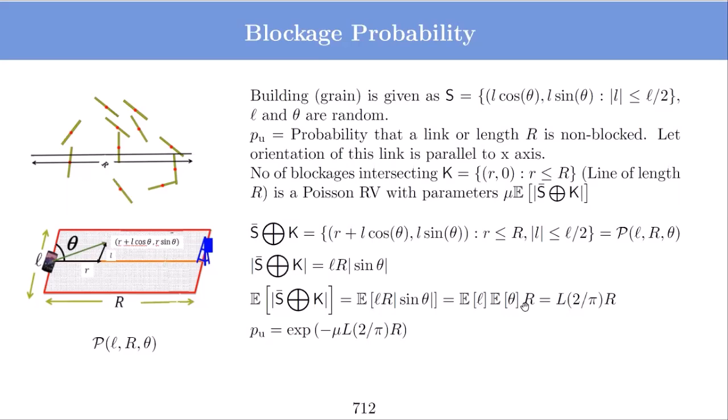So E of L will be L and E of mod sin theta will be 2 by pi. This will be the mean. So the probability that K is 0 is given by e to the power minus this mean. The probability that the link is non-blocked, which equals the probability that K is 0, is exponential of minus mu times L times 2 by pi times R.